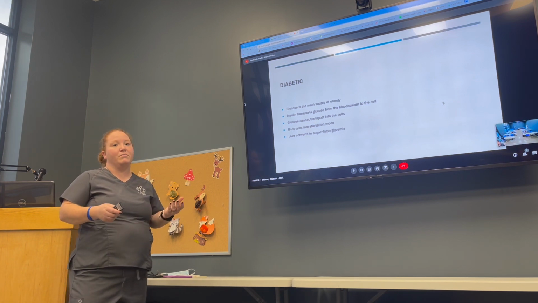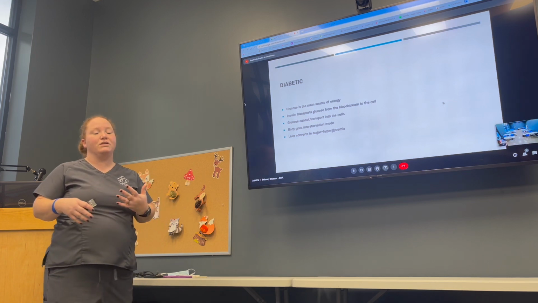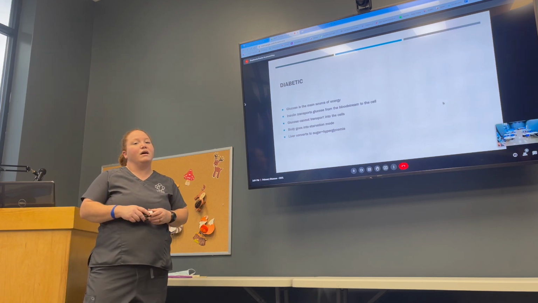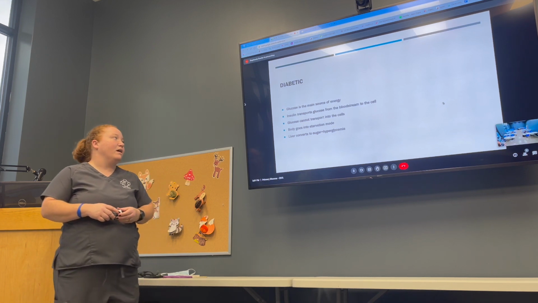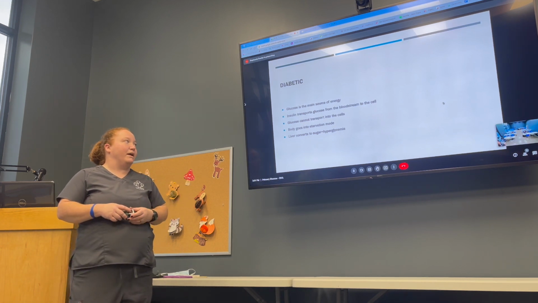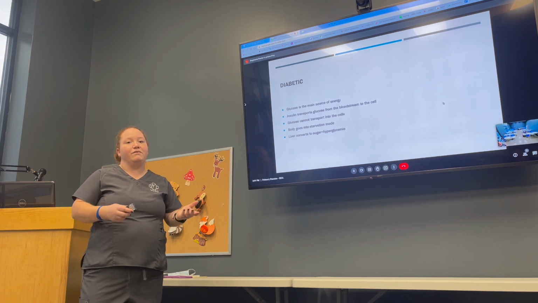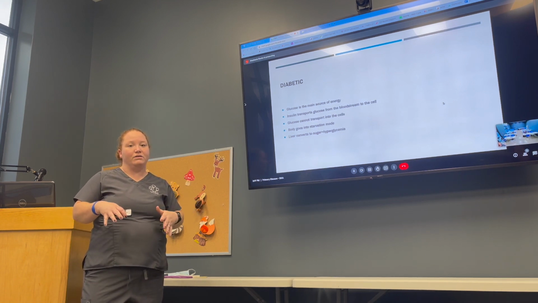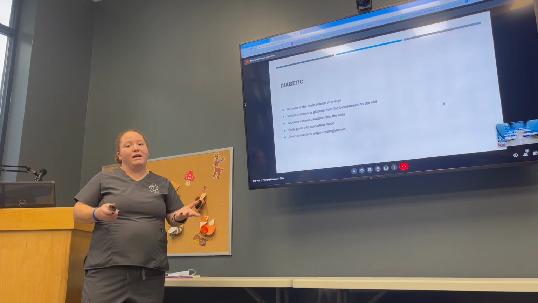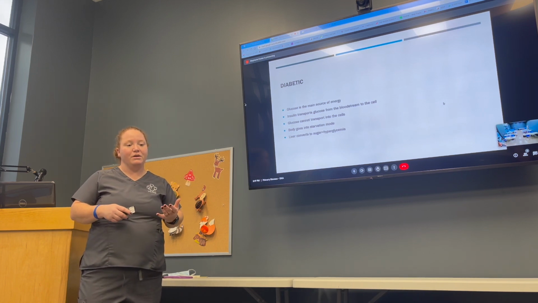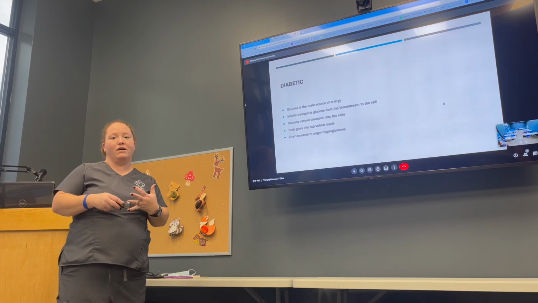Whenever the body uses energy, it tends to use fat and muscle, breaking down those cells for energy. That's what happens when the body goes into starvation mode. Instead of using the sugars that they're allowed to use, they start breaking down other things. So a lot of times when you see a patient come in, you may hear of anorexia, weight loss.